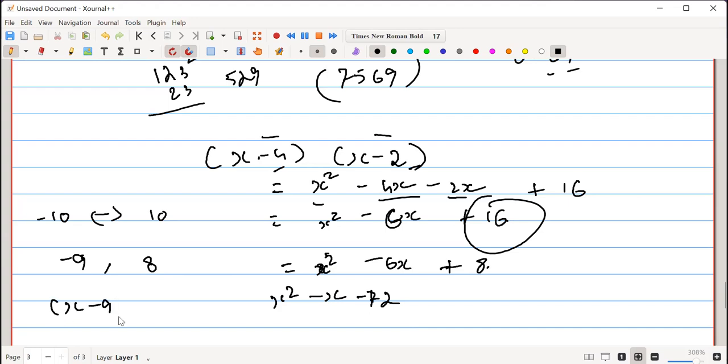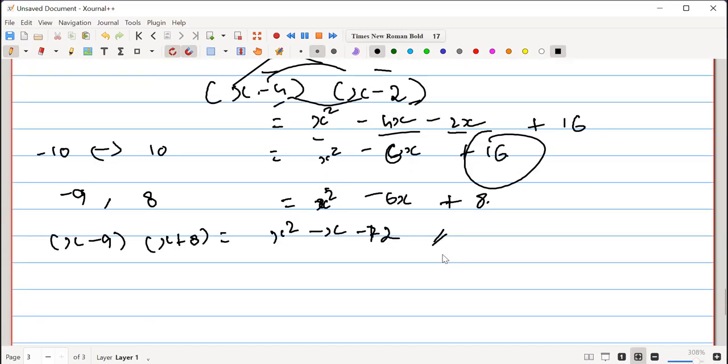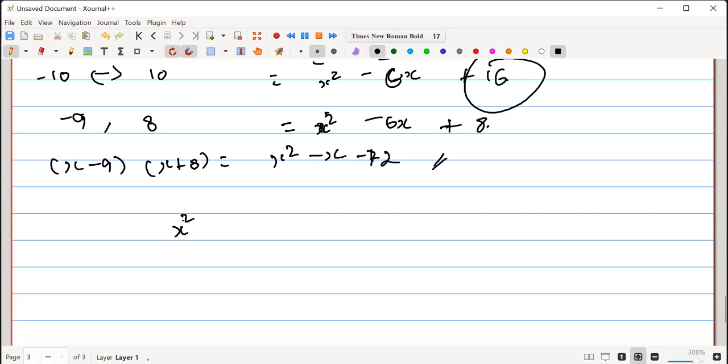If it's (x minus 9) into (x plus 8), it is x squared minus x minus 72. Whatever numbers, if you're taking lots and lots of time to work on them, what's the formula you have to apply? (x plus a) into (x plus b) equals x squared plus (a plus b) into x plus ab.